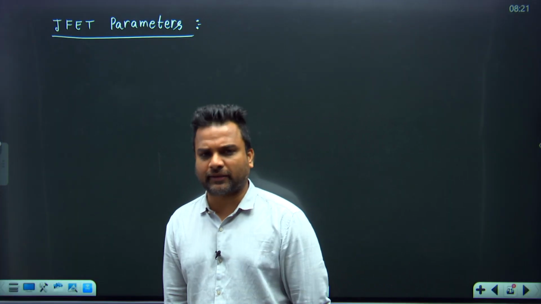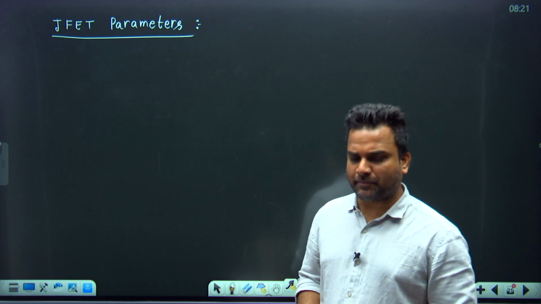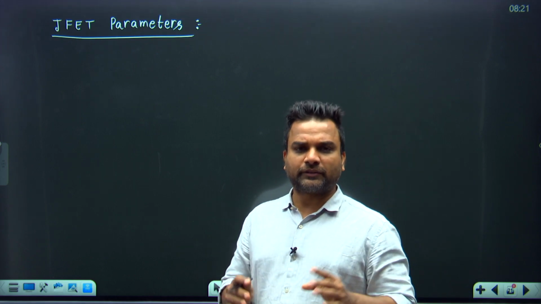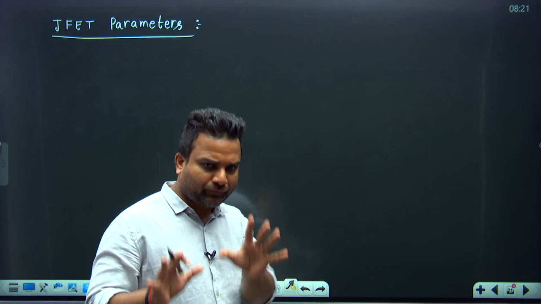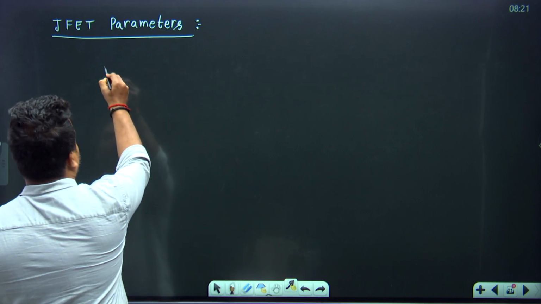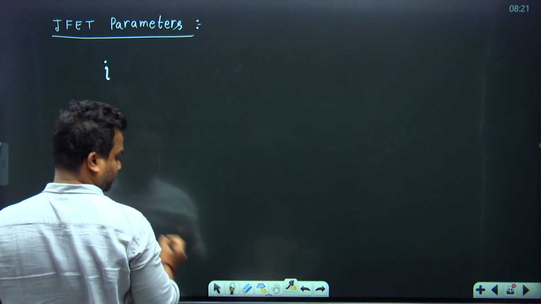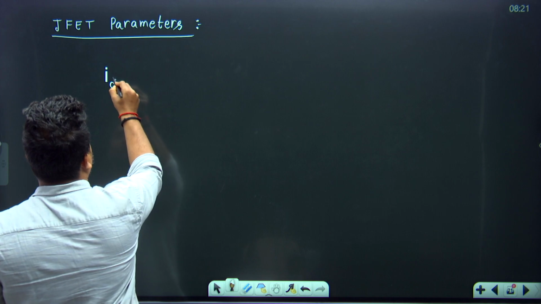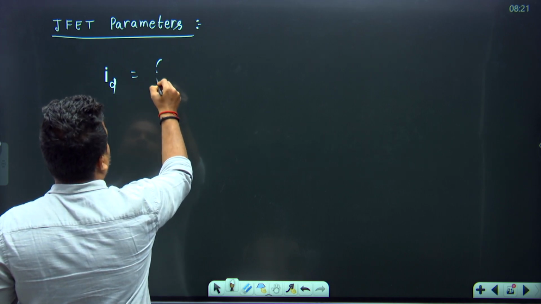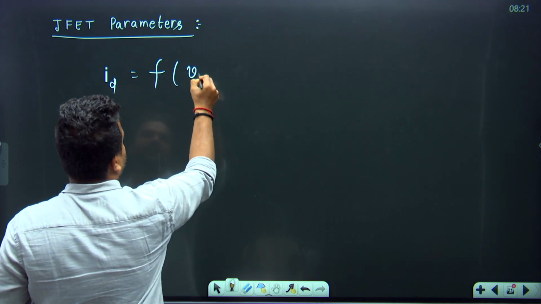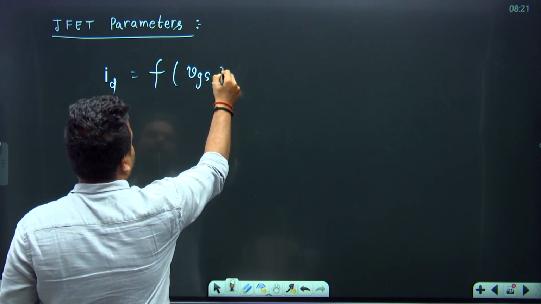Now let's get started. Guys, JFET parameters. Usually the drain current of a FET is a function of VGS comma VDS.